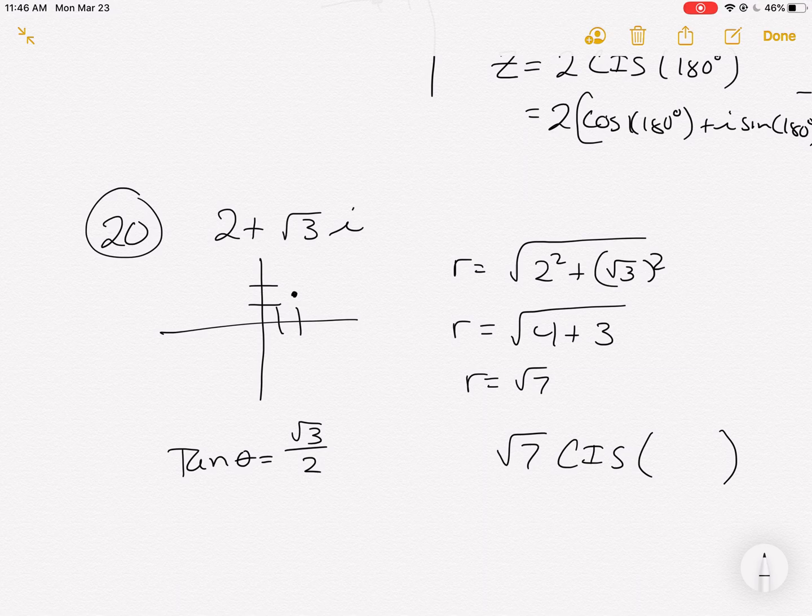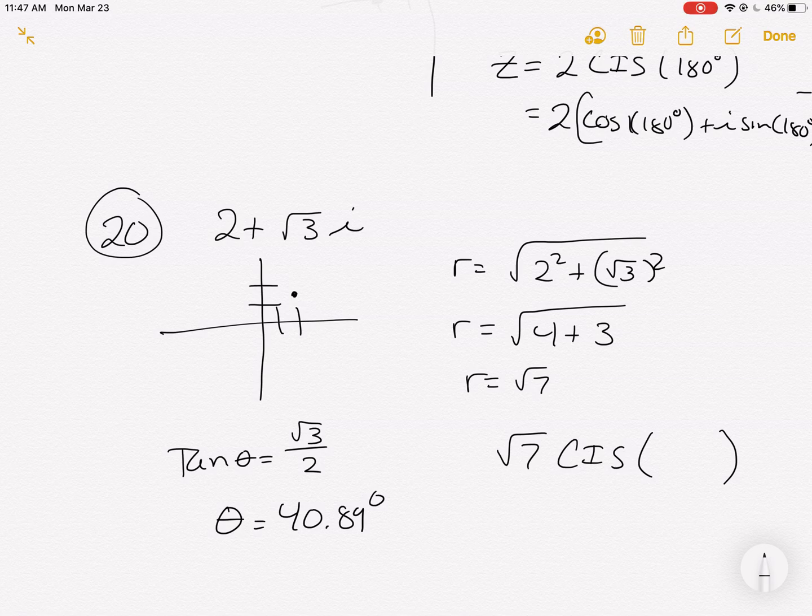Let's take tan inverse of the square root of 3 divided by 2. It's going to tell me theta is 40.89. It keeps going, 40.8933, but 40.89 degrees. I did make sure that my calculator was in degree mode because that's what they're asking for in these, for the answer to be in degrees.